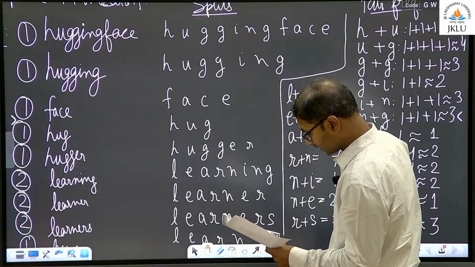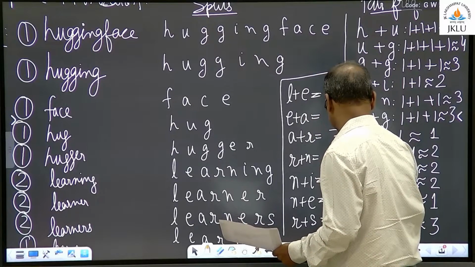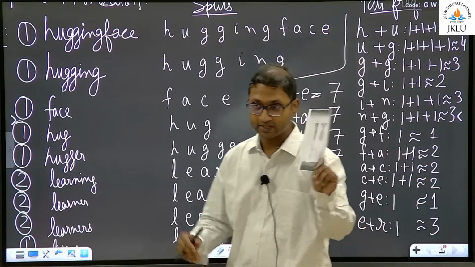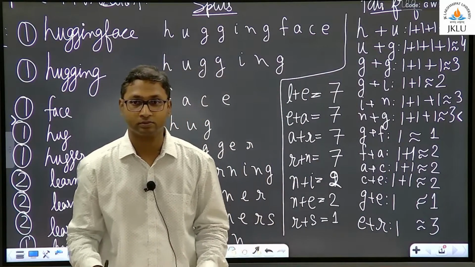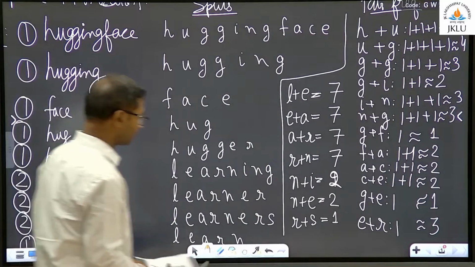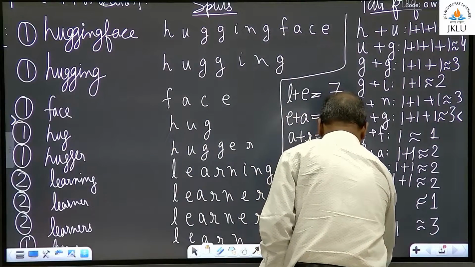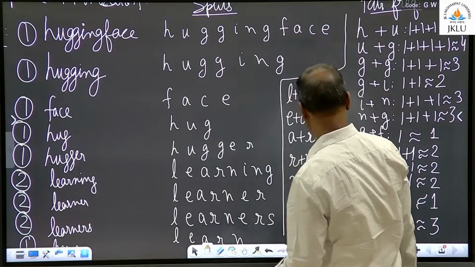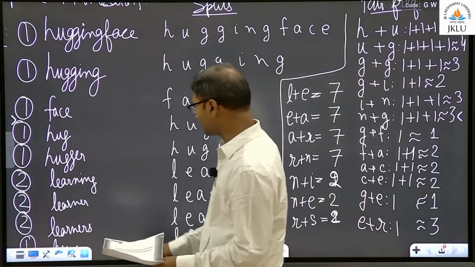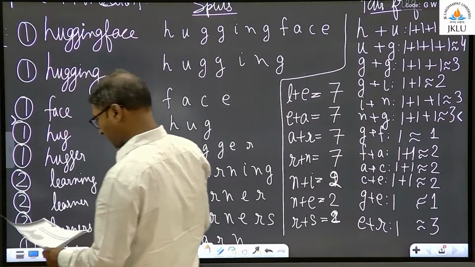N plus I should be 2. And you will find mistakes in this video too. R plus S 2 times, you are right. Any other mistake? N plus E becomes 4 times.